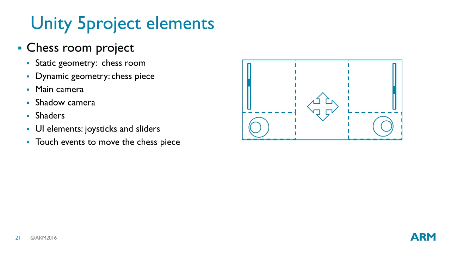If you touch there, you will get a virtual joystick, and with one joystick you can pan the camera. With the other joystick, you can orient your camera, so it's very easy to navigate inside the room. And then you have two sliders: one changes the position of the light, and the other changes the parameter that controls the softness of the shadows.